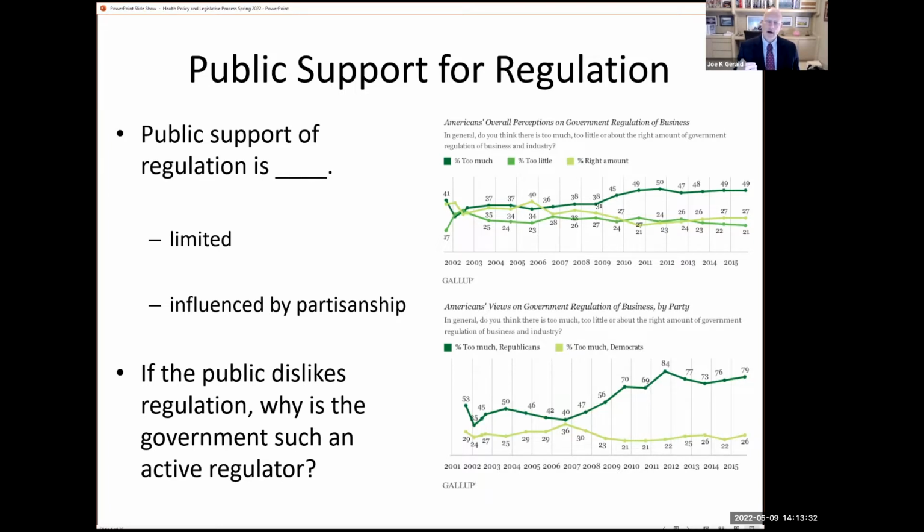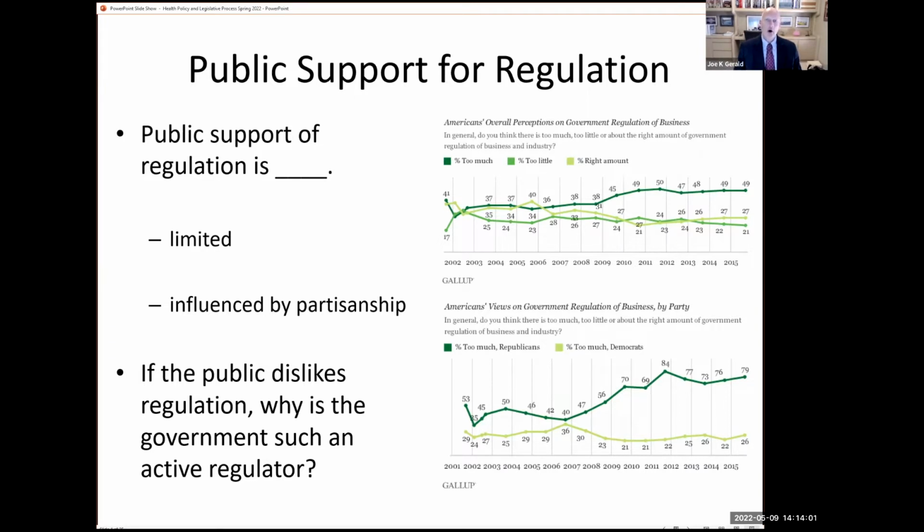And so individuals who report to us that they are Republicans or lean Republican, you ask them about regulation, and the vast majority will report there's too much regulation. Whereas individuals who self-identify as being affiliated with the Democratic Party report much, much less antipathy or animosity towards regulation, right?